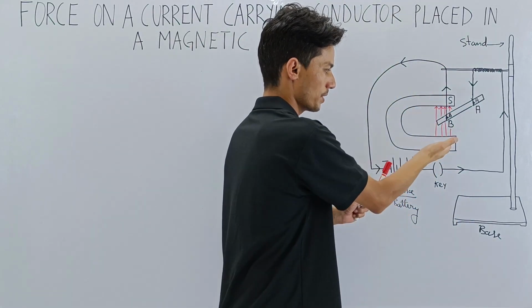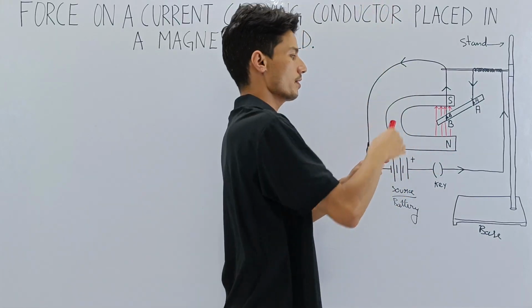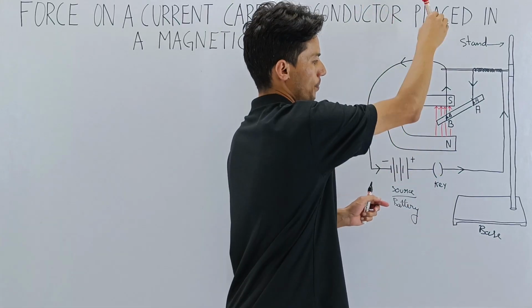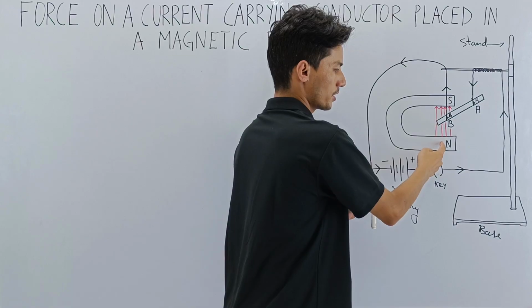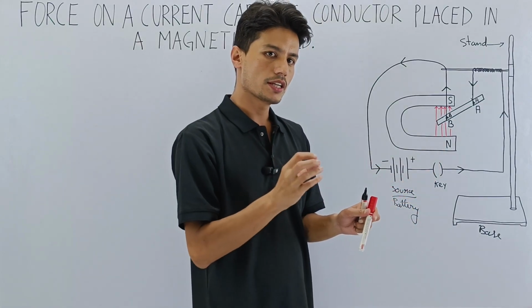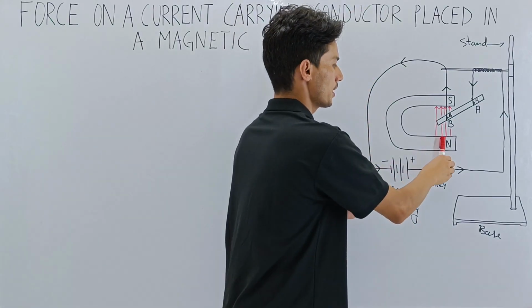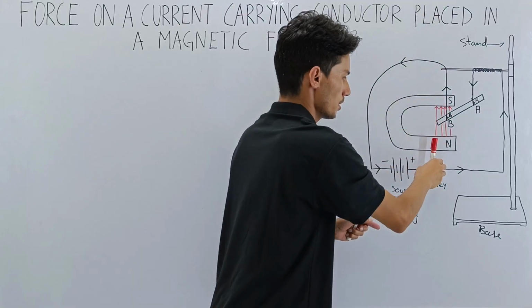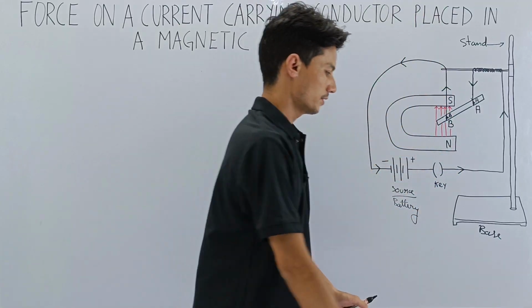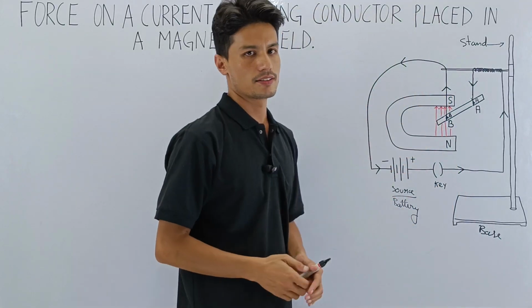So they are going from the floor up to the ceiling, because the north pole is here. Magnetic field lines emerge from the north and then enter the south, so they are going upwards. I have just drawn 4, but there are many.